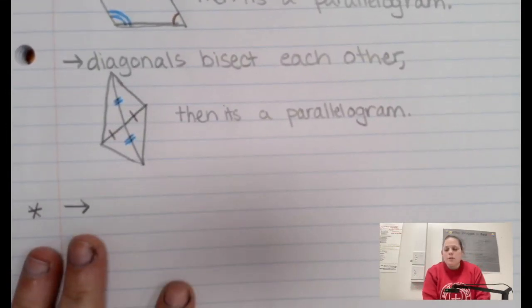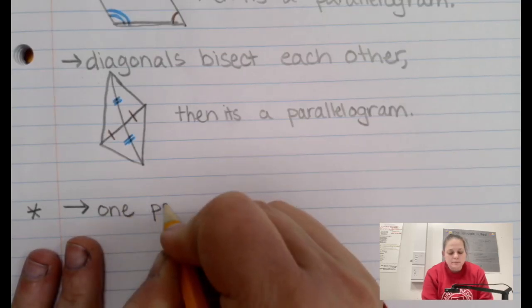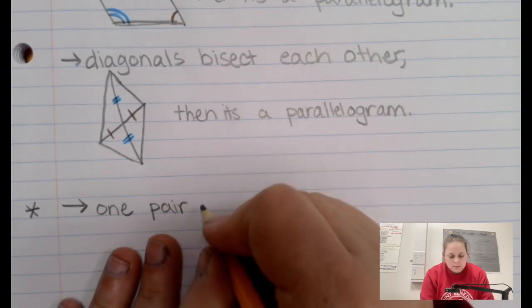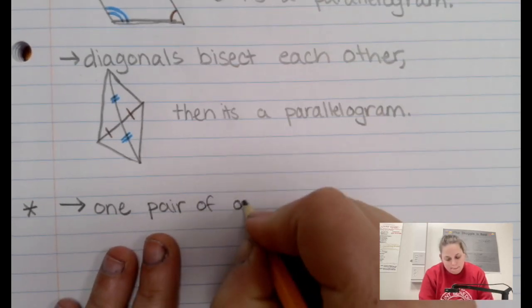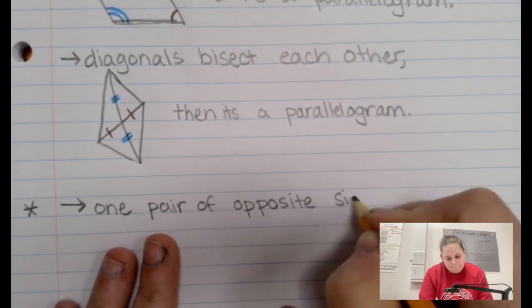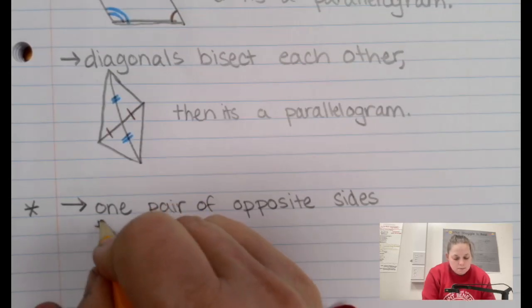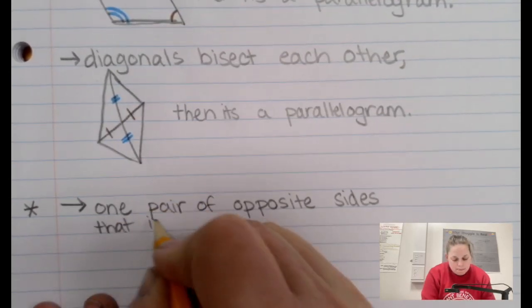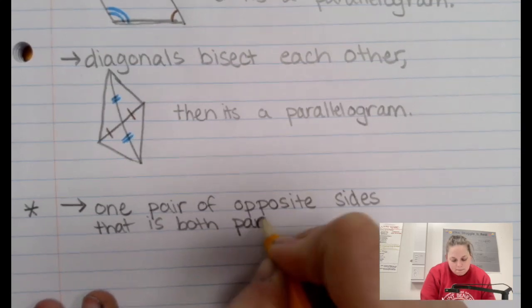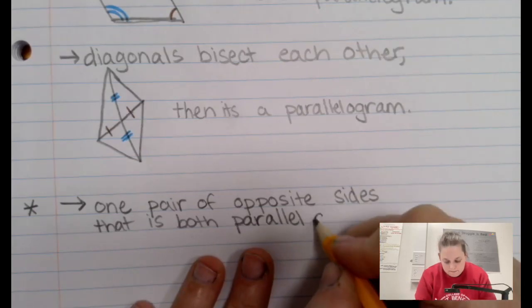Okay. And what this one says is that if I have one pair of opposite sides that is both parallel and congruent.